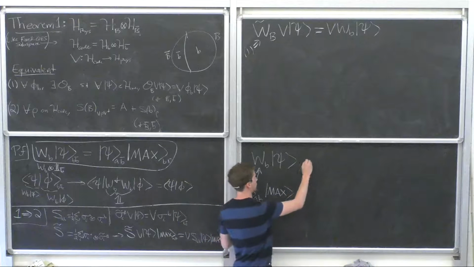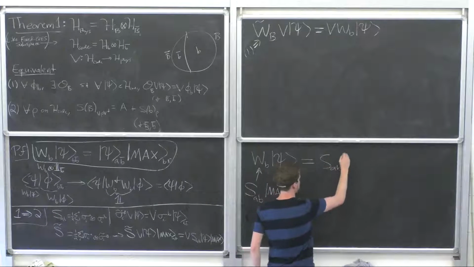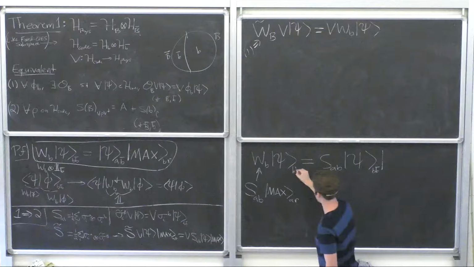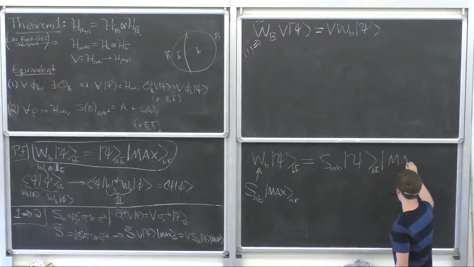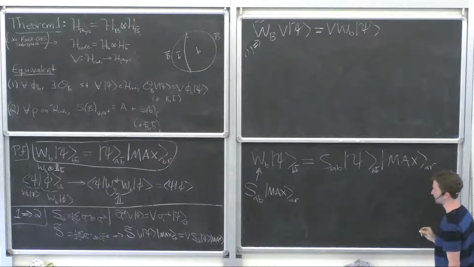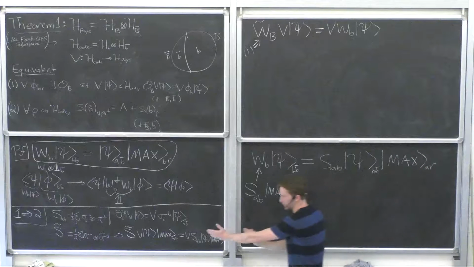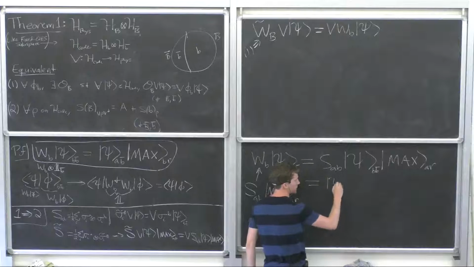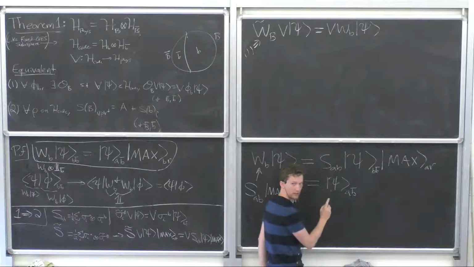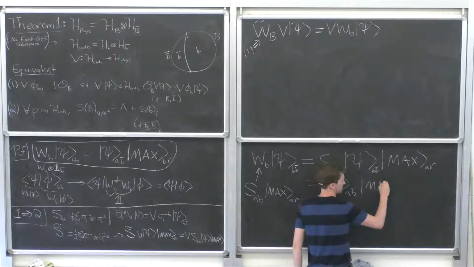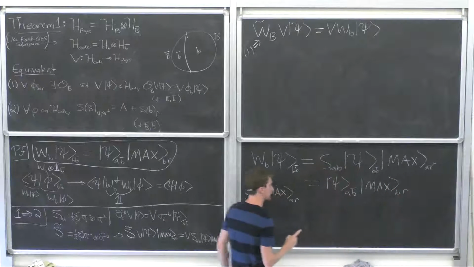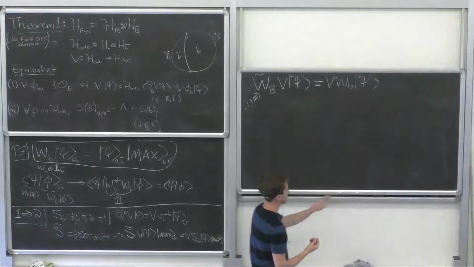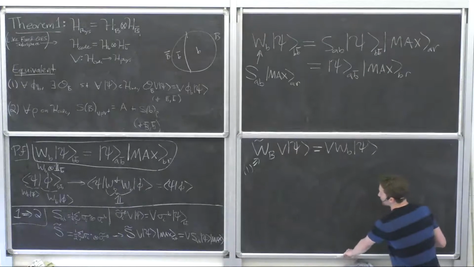So this equals swap on little a, little b of psi BB bar, this is also BB bar, max little a, little r. And this halfway step is what I was writing here. And then if you finish acting the swap, you get psi of little a, little b bar, max of little b, little r. And that's this full equation. So I just wrote the halfway. Okay.